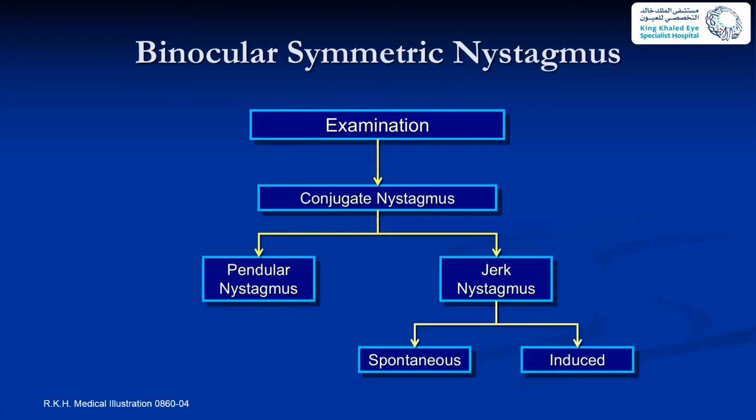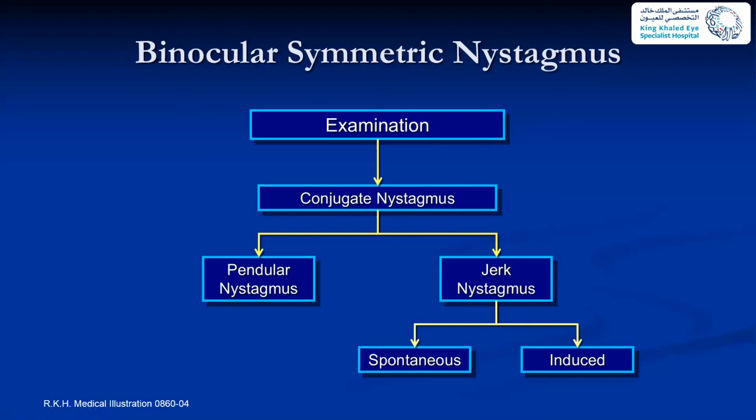So let us go back. We examine, and we know that we're dealing with conjugated nystagmus. This is acquired, conjugated nystagmus. They both move in the same direction at a time. We have to differentiate: are we dealing with pendular nystagmus or jerk nystagmus?